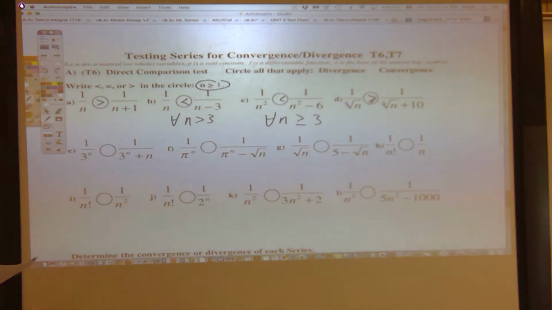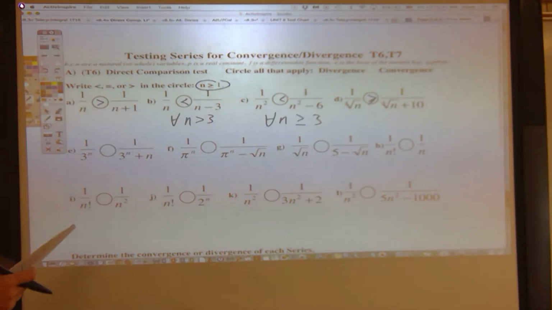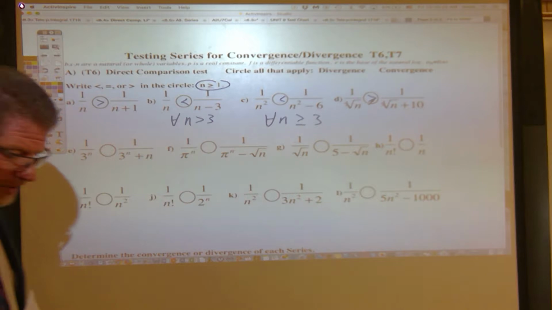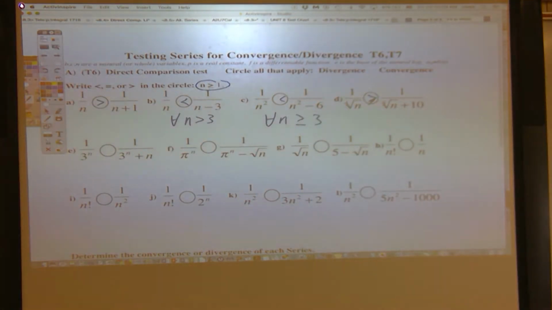So let's take a look at row 2. In row 2, fill in greater than or less than for each comparison. So go ahead, fill them in. I'm going to tour the room and see what you come up with. A lot of you are already done with row 2.